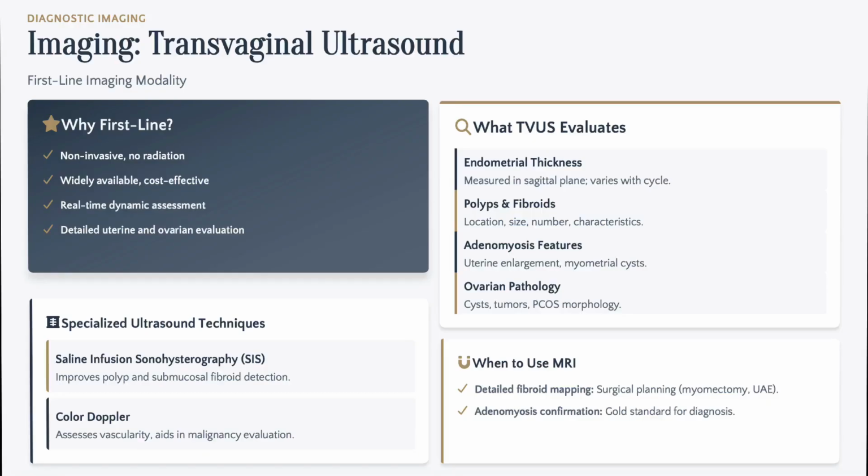For detailed fibroid mapping, this is usually before surgery, when you are planning for surgery, or if you want to do adenomyosis confirmation. The gold standard for adenomyosis is what? MRI.